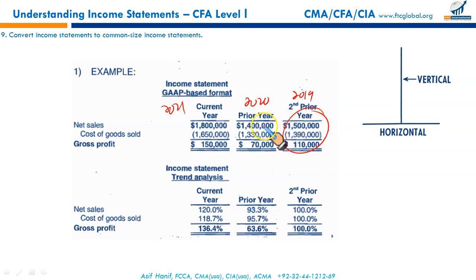Next year sales 1.4 million is what percent of 1.5 million? 1.8 million sales in current year 2021, it is what percentage of the base year? Likewise, the sales each year is expressed as a percentage of base year sales. Cost of sales each year is expressed as a percentage of base year cost of sales. And likewise, gross profit each year is expressed as a percentage of gross profit of the base year. This is called horizontal common size analysis, right?